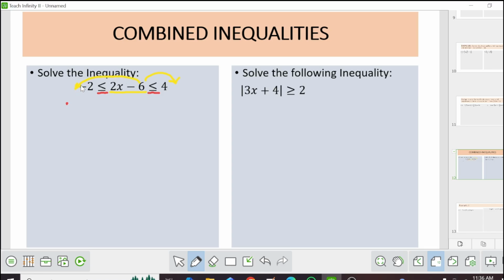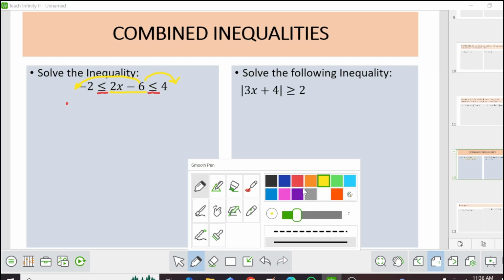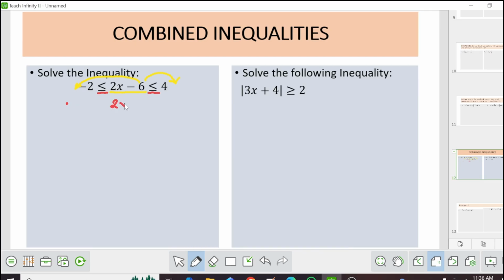Any constant in between them will move to the other side so that we are left with only 2x at the middle.